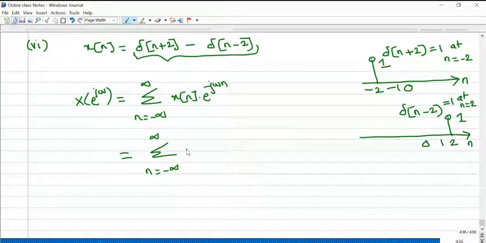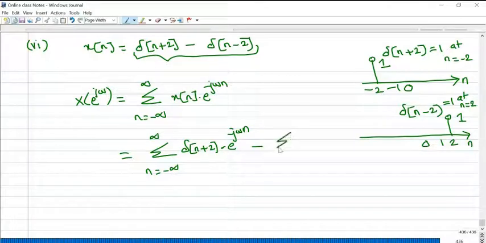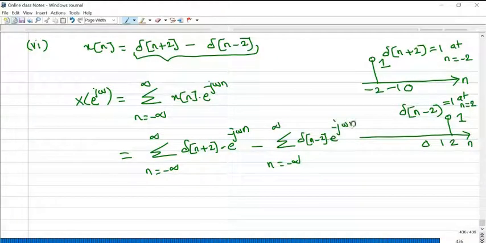So I'm going to write delta of n plus 2, e power minus j omega n, separately, minus the summation from n equal to minus infinity to infinity of delta of n minus 2, e power minus j omega n. Using the linearity principle, you can rewrite x of n as two separate terms.